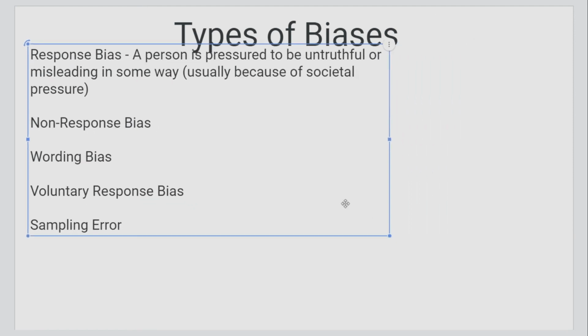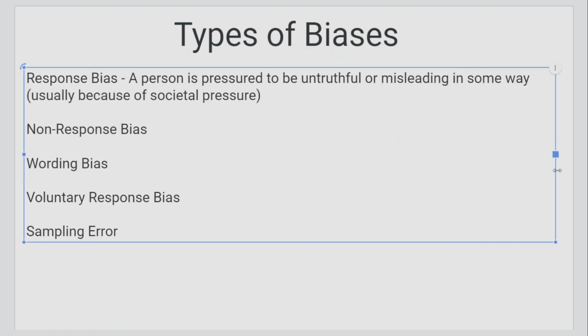An example of this could be about cheating, right? If a teacher gives a non-anonymous, so this is not anonymous, and required survey that asks, did you think about cheating on your last test? Chances are there are probably some students that are going to be not truthful or misleading, just because they don't want to be that person that says, yeah, I did think about cheating.